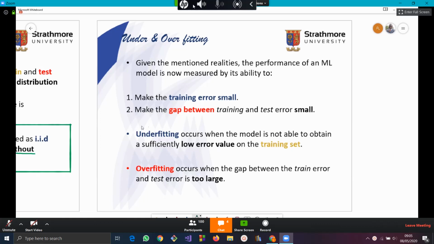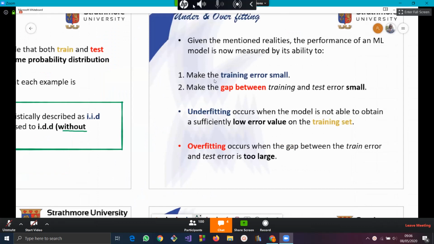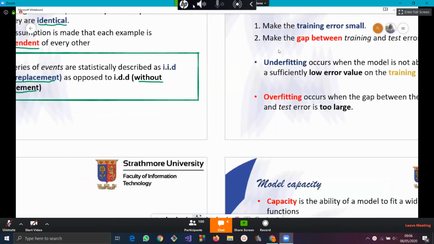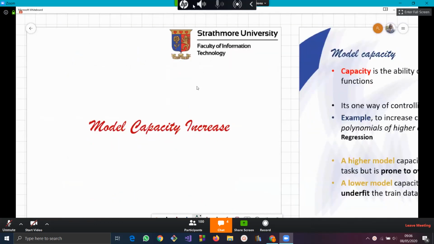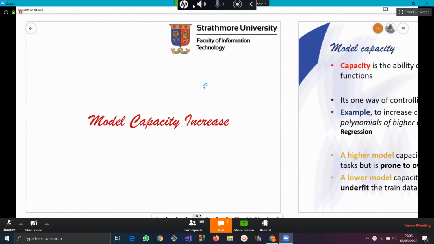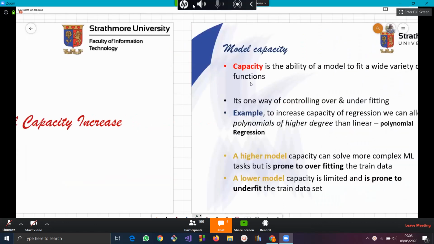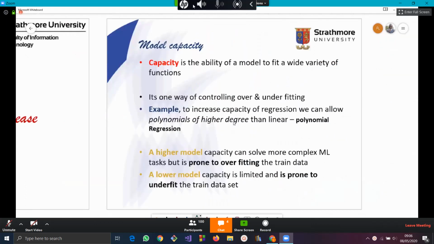So now the thing that you should actually have in mind is how to handle such a problem, over and underfitting. Before I discuss that, I want to discuss something called the model capacity.